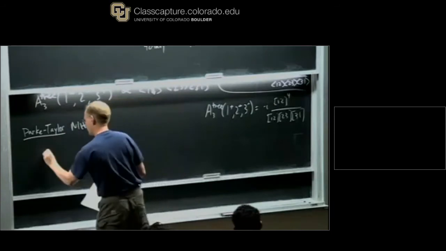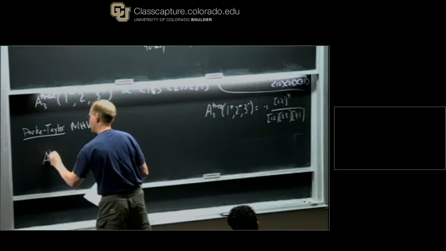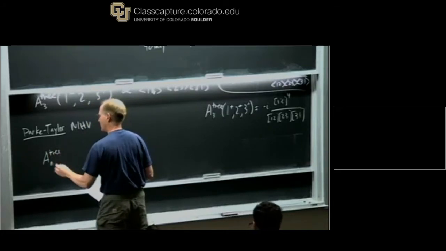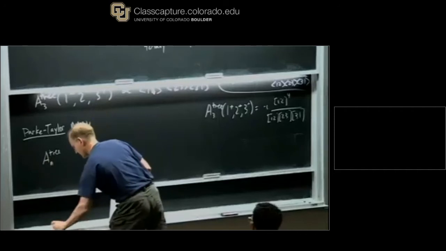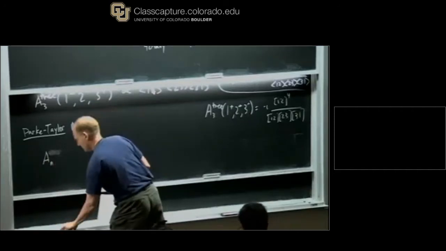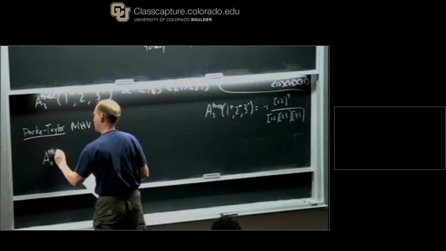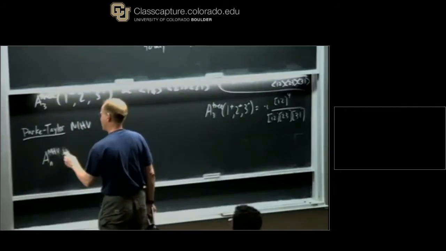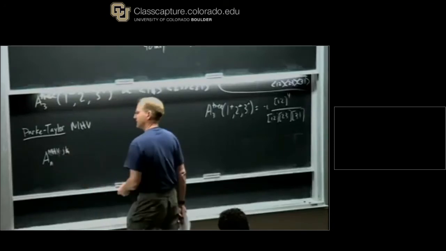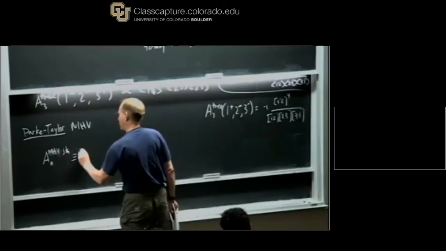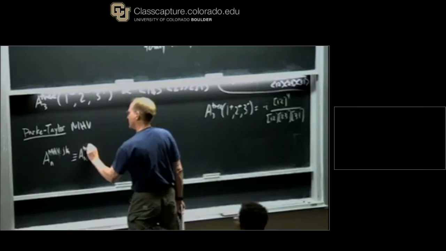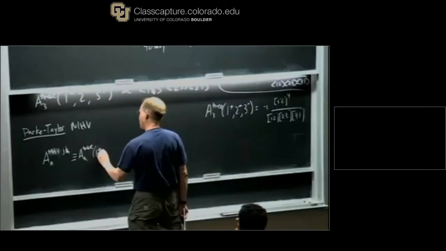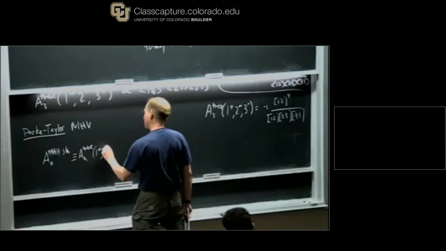So that formula says that A_n tree, we'll just call it A_n MHV, and label it by two lines, say j and k. And so that refers to the n-gluon tree amplitude with almost every gluon plus.